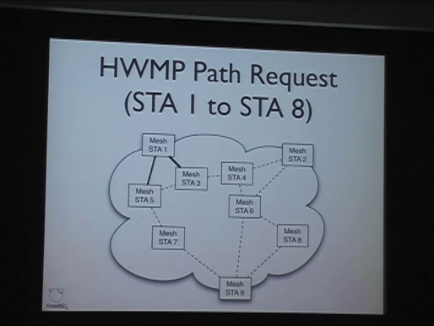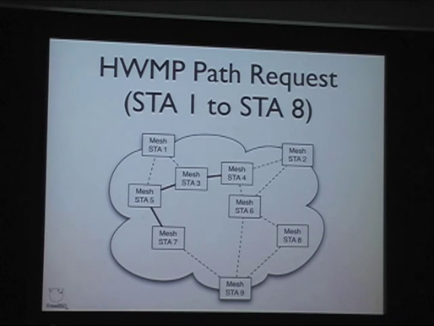Then station 5 and 3 will get this packet, and since they're not station 8, they will broadcast it again to the nearby stations. And you notice that station 3 will broadcast again to station 5.